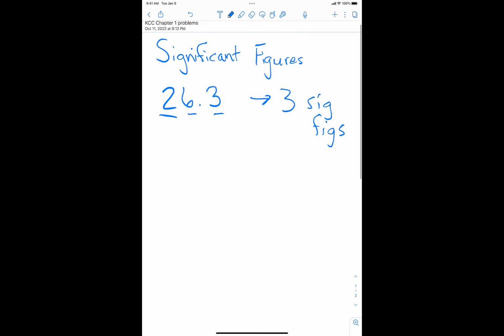That's pretty common. If we have something like 26.049, you can see that this 0 right here is sandwiched in between these two non-zero numbers, which means that 0 is significant. So if we count 1, 2, 3, 4, 5, this has 5 sig figs.